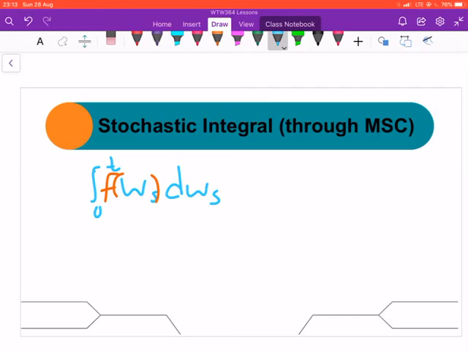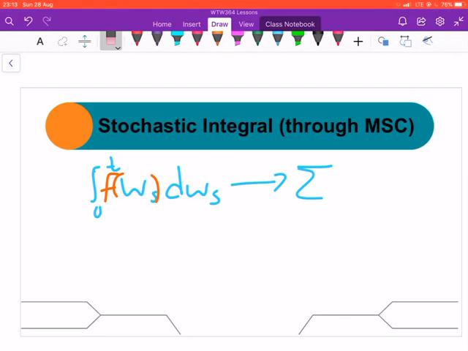We can say that this function converges to this definition.